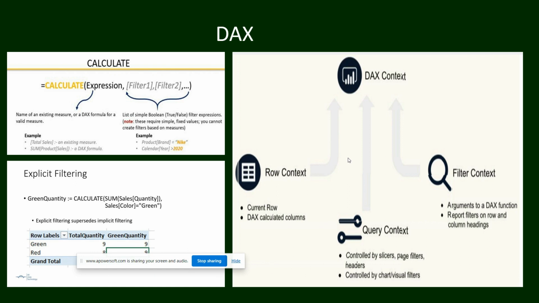The filter context is also clearly visible, as we are using DAX functions or a report filter on the row or column headings. And the query filter is the one we work with unknowingly in the report, which is controlled by your slicer, page filter, or chart or visual filter. That's it.